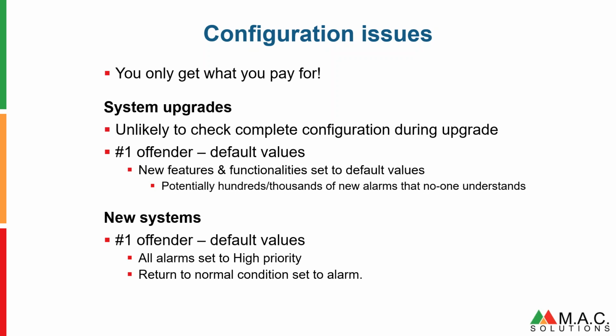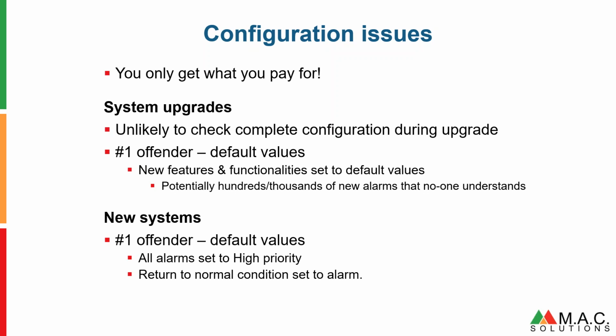A major global vendor set the return to normal condition of an alarm to an alarm condition. So if you had a priority 1 alarm for a level, you had a priority 1 alarm. When the alarm cleared, you had another priority 1 alarm.